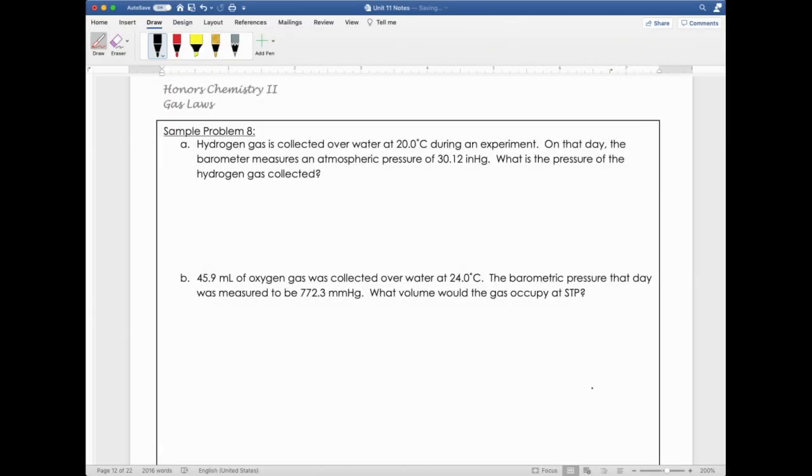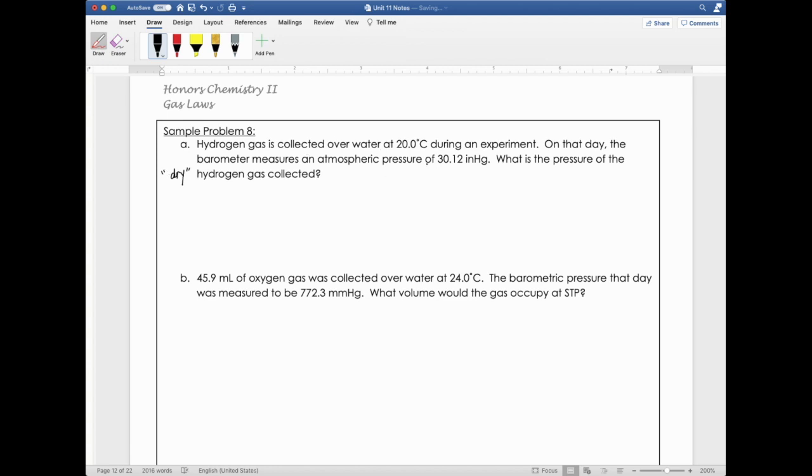So sample problem 8. Hydrogen gas is collected over water at 20 degrees. On that day, the barometer measures an atmospheric pressure of 30.2 inches of mercury. What is the pressure of the hydrogen gas collected? We do want just the hydrogen gas in this case, and we consider this hydrogen gas to be dry, usually in quotes like that.